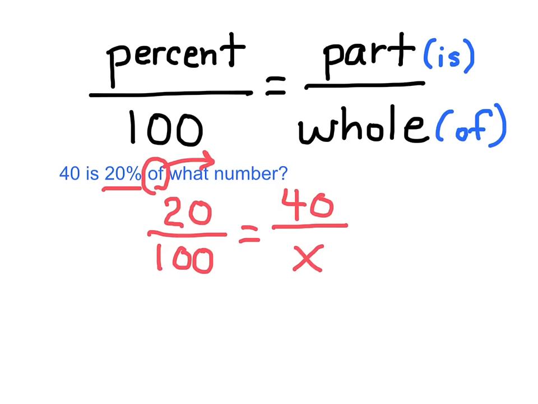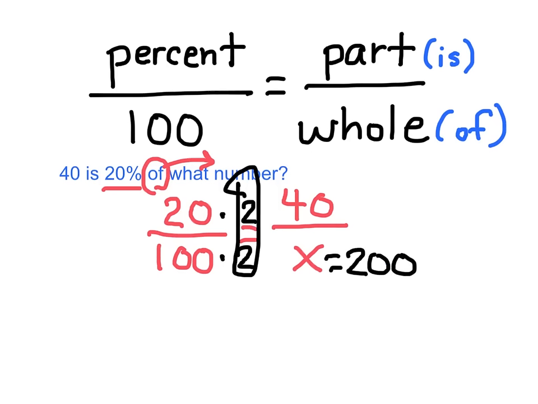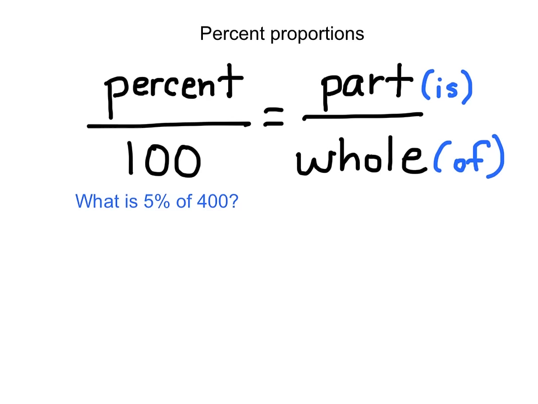And by now you know me, I like that giant 1 method. 20 times 2 is 40. Therefore, 100 times 2 equals x, which is 200. Alright, so how'd you do? Let's try one more. Set up the proportion, solve it, then restart the video to check your answer.